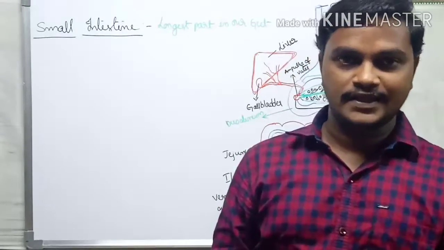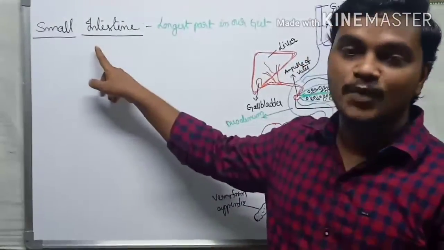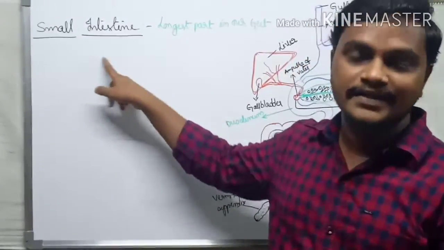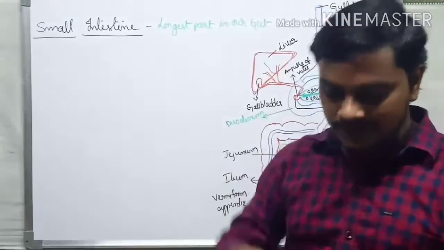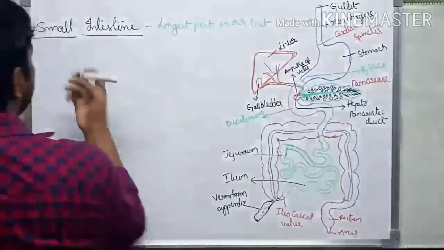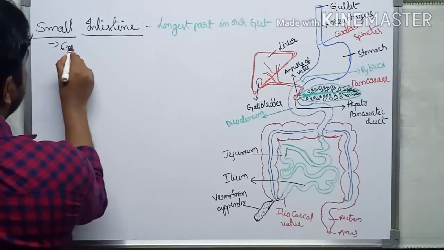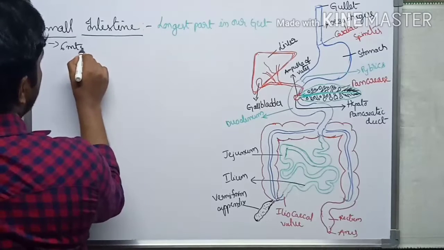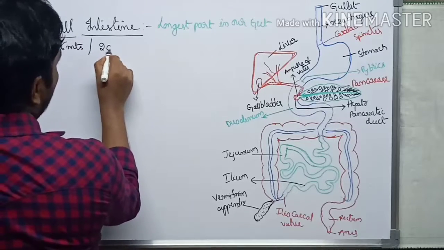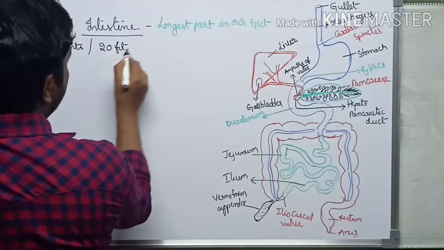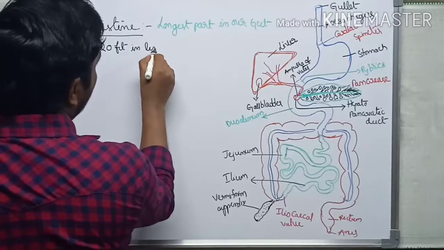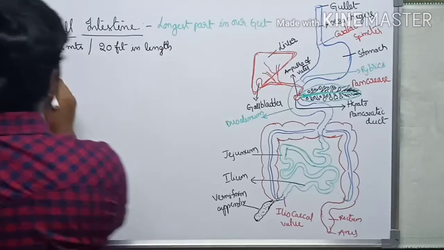Diameter is higher in the large intestine but less in the small intestine. But lengthwise, the small intestine is the longest part in our gut. In meters, it is 6 meters in length. In feet, it is 20 feet in length.